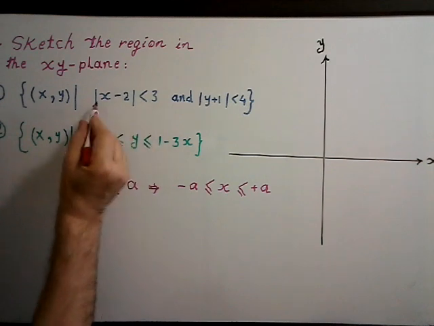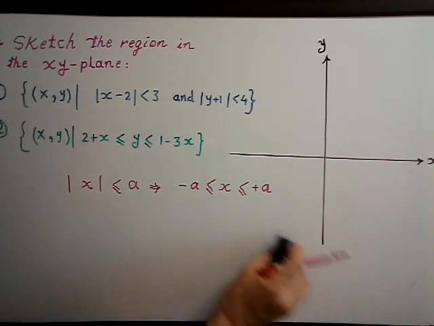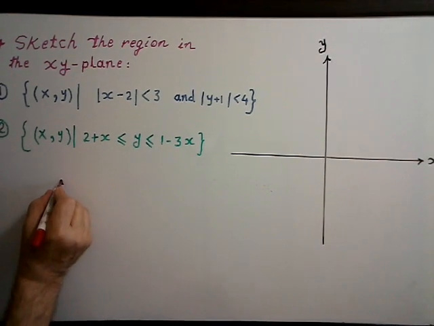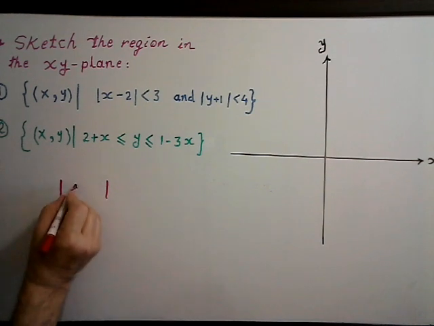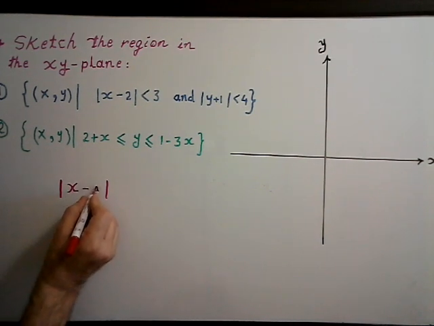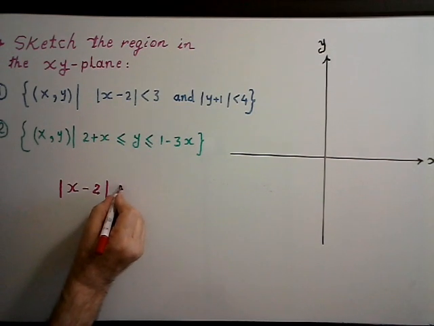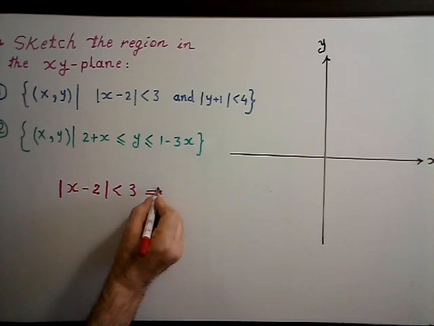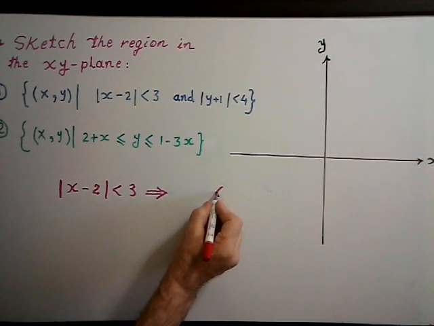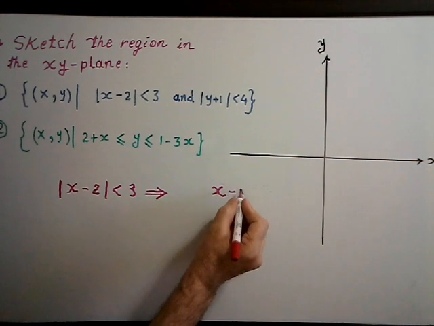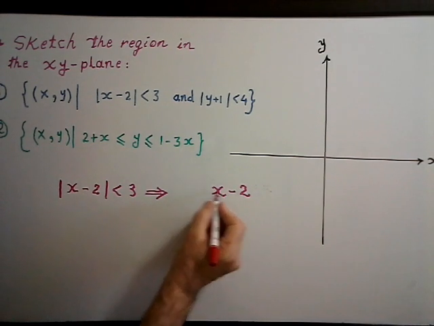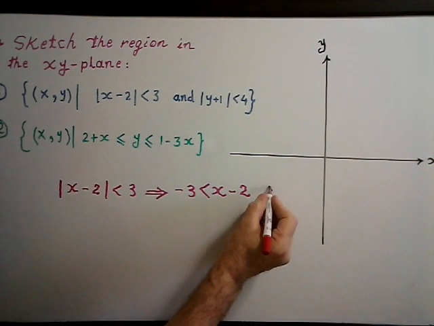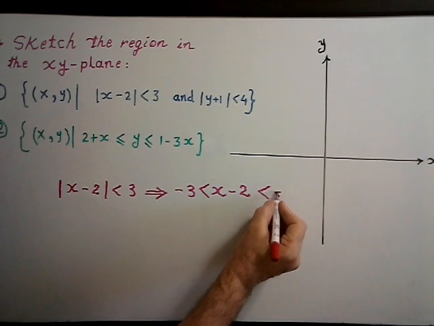So about the first one. As absolute value of x minus 2 is less than 3, we can define this by writing x minus 2 is greater than negative 3 and less than positive 3.